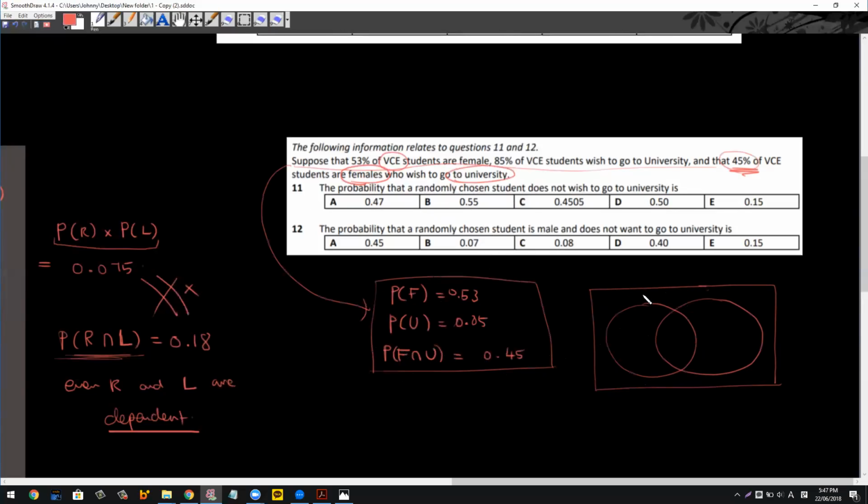And this is F, and this is U. And in this case, you are trying to figure out all of the area that is outside of the university. That's the answer for question 11. But I know that F and U is 0.45, so that's a 0.45 there.